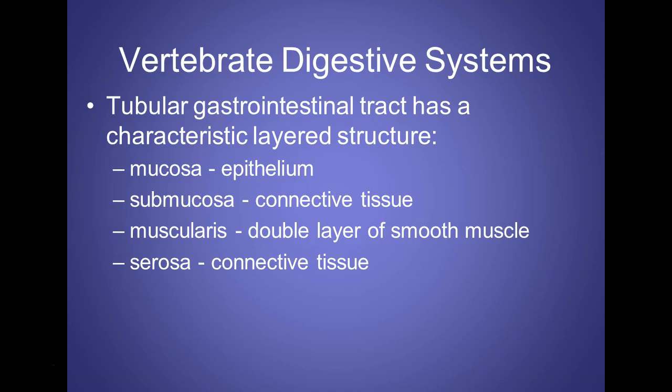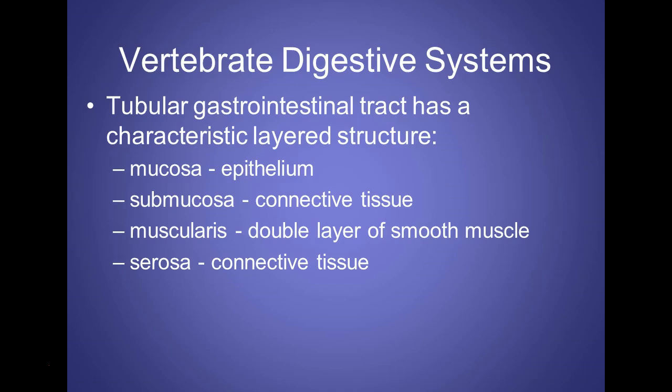So the gastrointestinal tract is layered. We've talked about histology before and what type of cells line the gastrointestinal tract, but there are different layers. There's a mucosa, which is our epithelial cells, and the submucosa, which is made up of connective tissue. You have the muscularis, which is a double layer of smooth muscle. It helps move food through the digestive system.